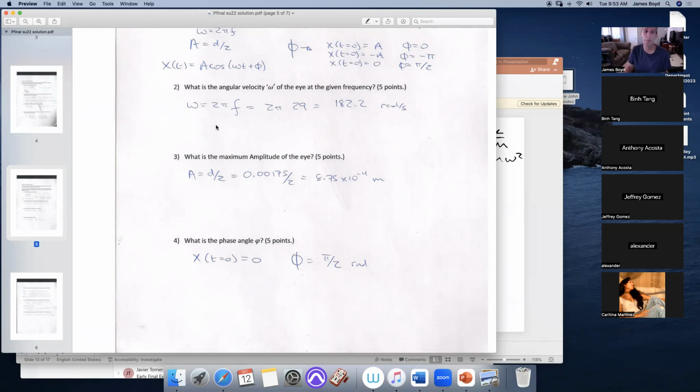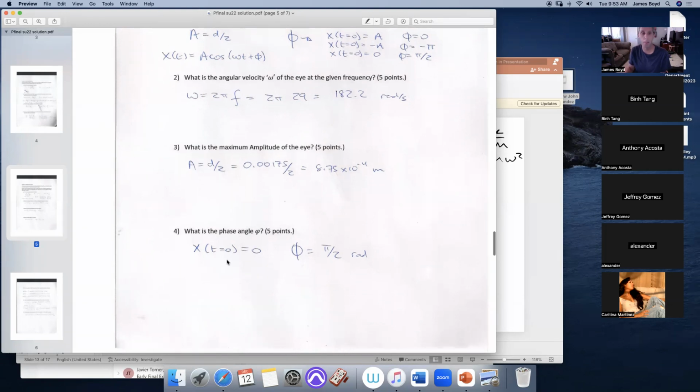If I'd given them the period instead of the frequency, they would use 2 pi over T. I might have just given them the amplitude. I might have told them that x was A, and in that case, the phi would be 0. Or I could have told them it started at negative A, and therefore the phi would be pi.